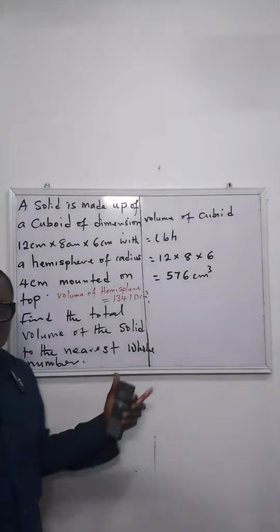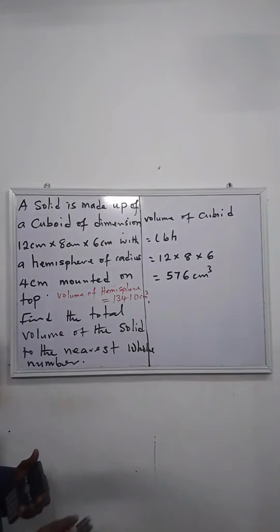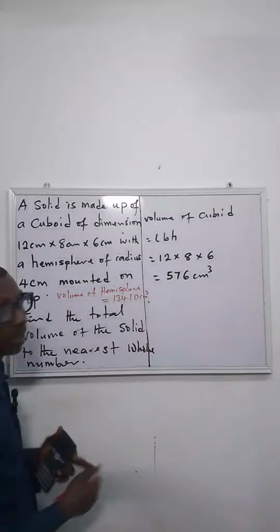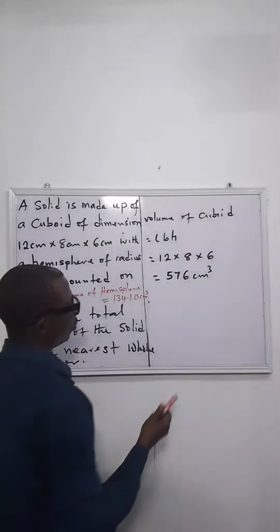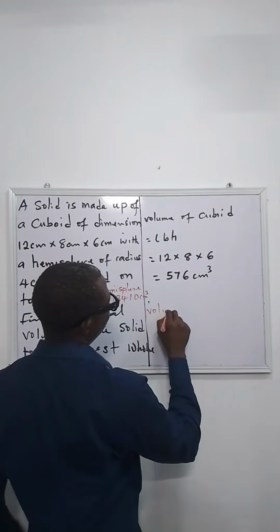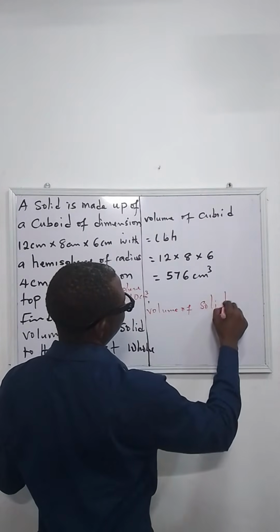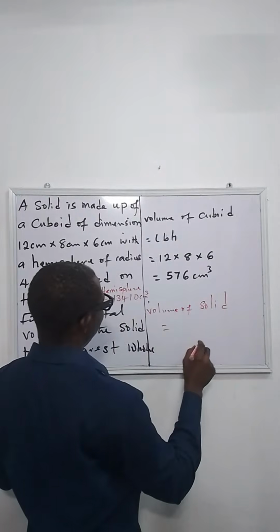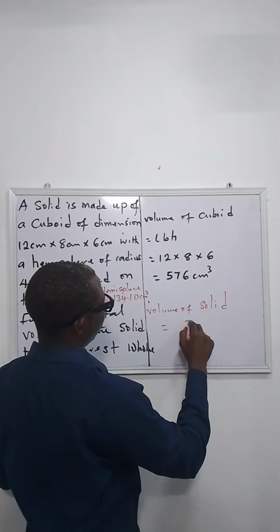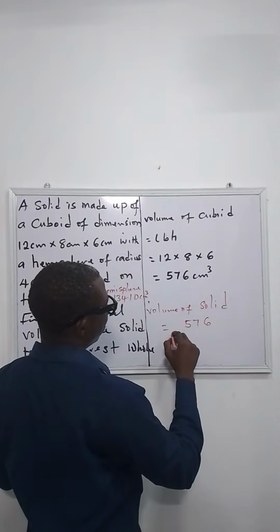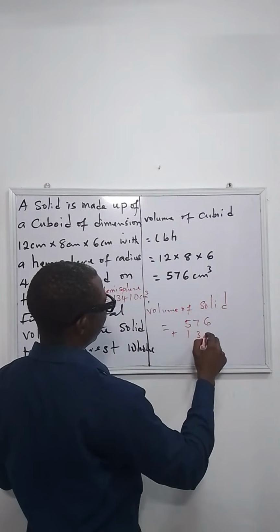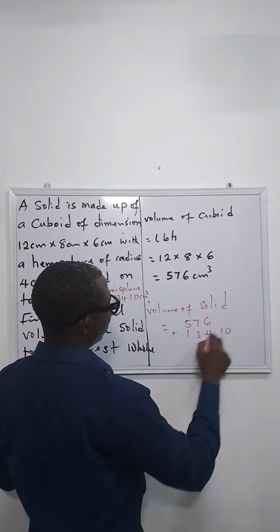So now to get the volume of a solid, we add the two together. All right, so volume of solid, now we have 576 plus 134.10.